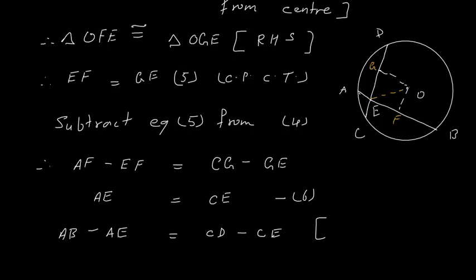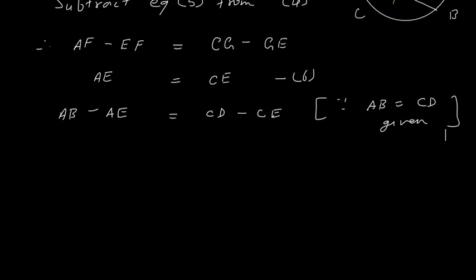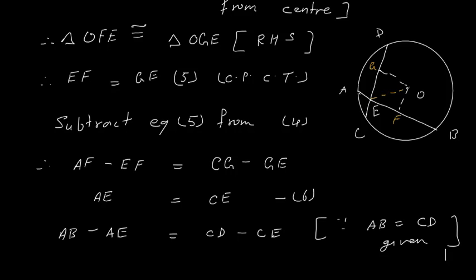Here since AB is equal to CD as given, from equal sides I can subtract equal segments. So AB minus AE is equal to BE. So BE is equal to DE.